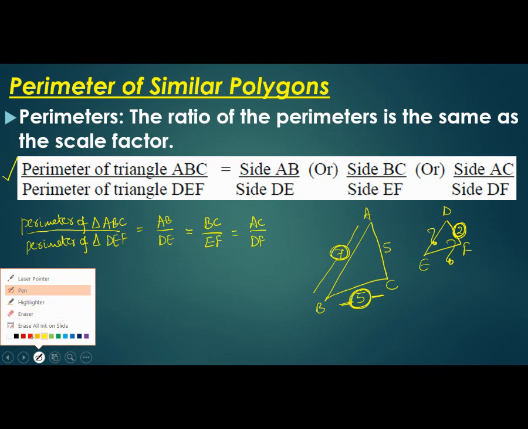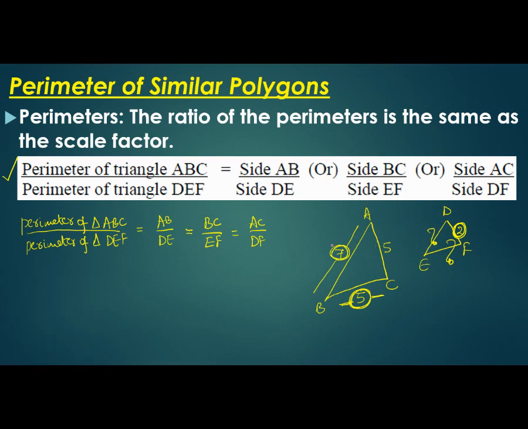Now, let me take them one by one. Do I know the value of AB? Yes. Do I know the value of the corresponding side DE? No. Therefore, AB over DE is ruled out because I should know both values. If I take BC, do I know the corresponding side's value?